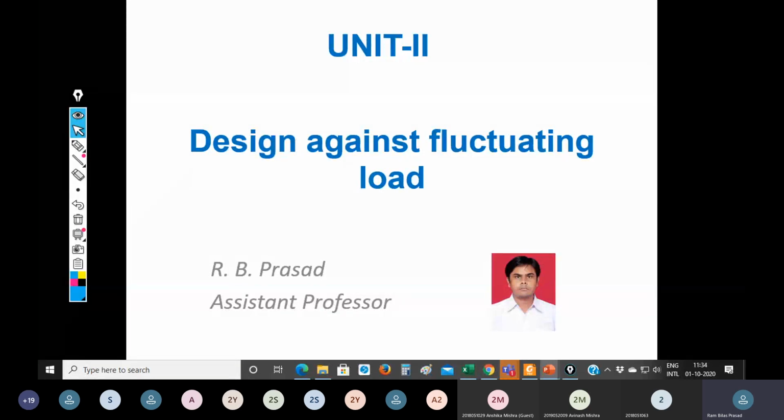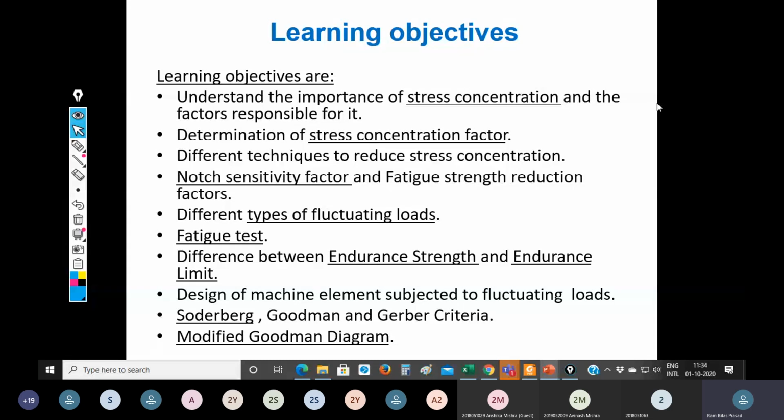These are the learning objectives at the end of the completion of this part. You should be able to understand the importance of stress concentration. What is stress concentration, and what is its importance?